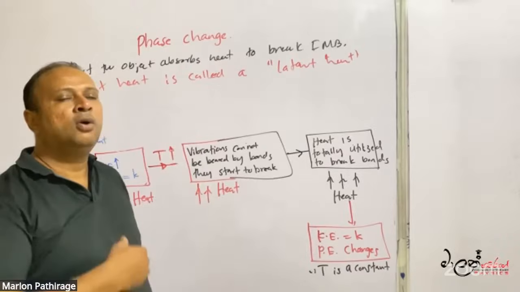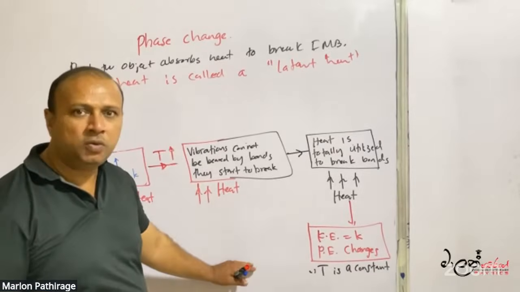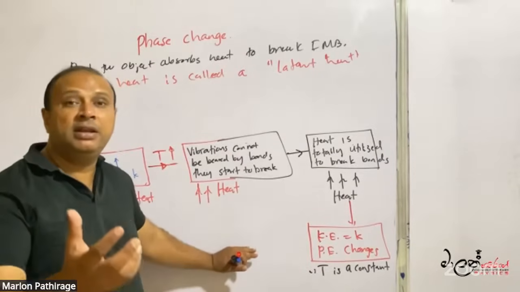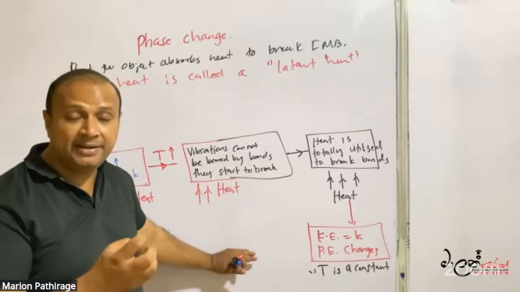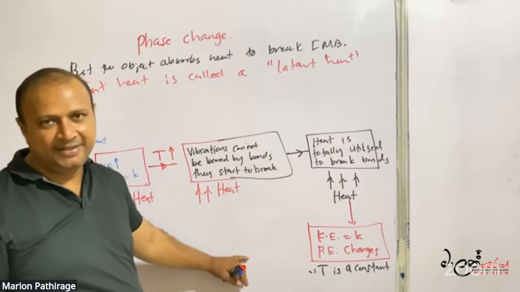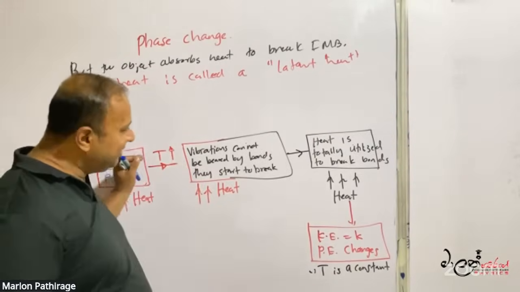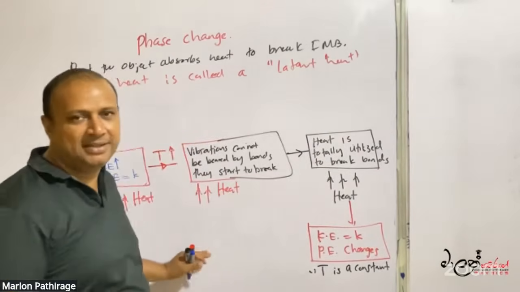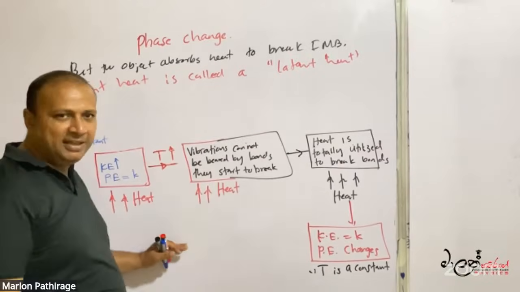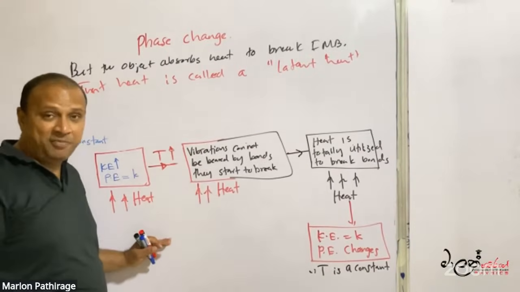Then once we supply heat to that liquid, what will happen? That liquid will absorb that heat and its kinetic energy increases. This process will be repeated, and the kinetic energy increases until a certain point.